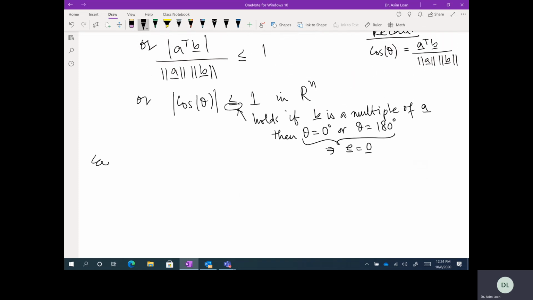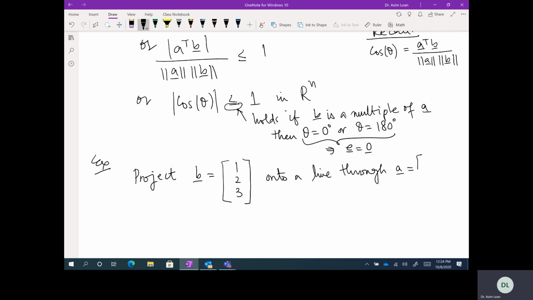Okay, so let's look at one example. Project B, which is 1, 2, 3, onto a line through A, which is 1, 1, 1.